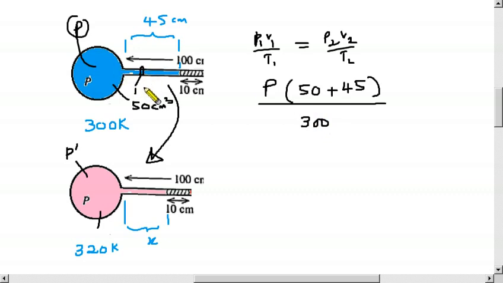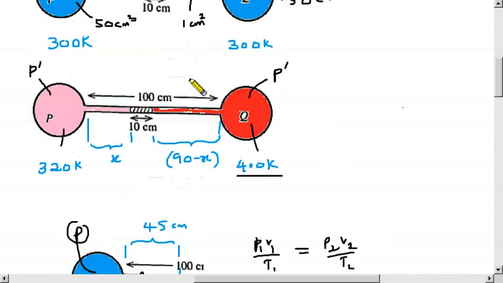Cross sectional area is 1 now. Understood? Just 45 centimeter is equal to 45 cubic centimeter, because cross sectional area is 1 square centimeter. It is given here.